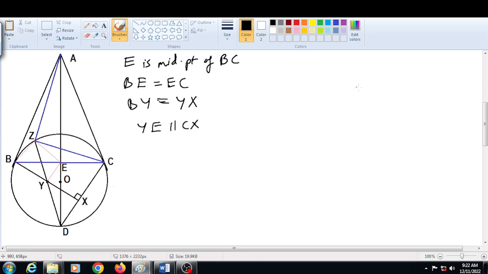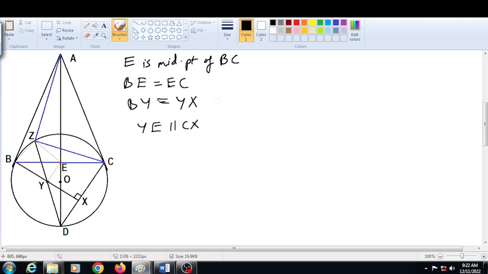This comes from a basic property of a triangle. If you have two midpoints of any two sides, the segment connecting these two midpoints is parallel to the third side. So this is exactly the property we are using here to justify that YE is parallel to CX.